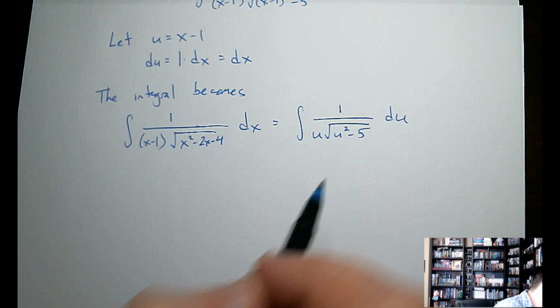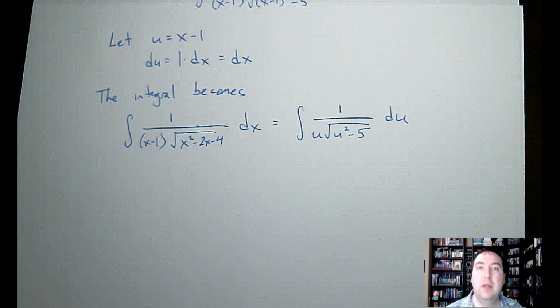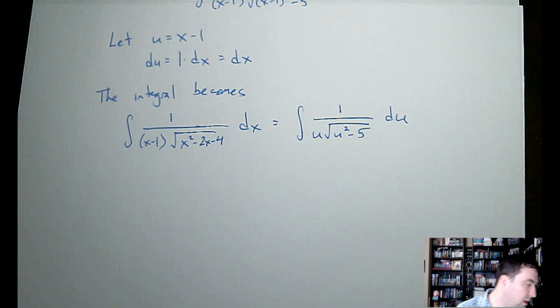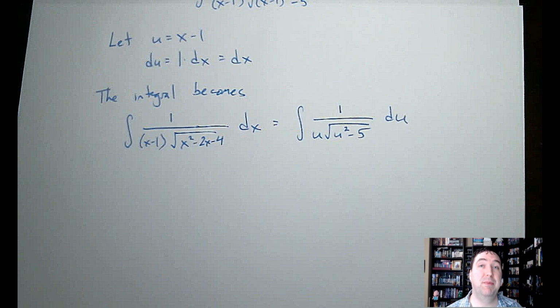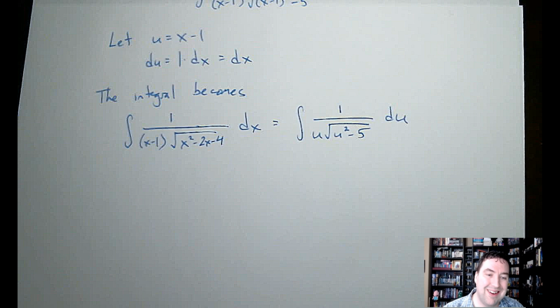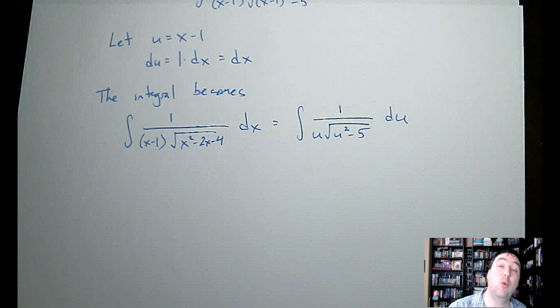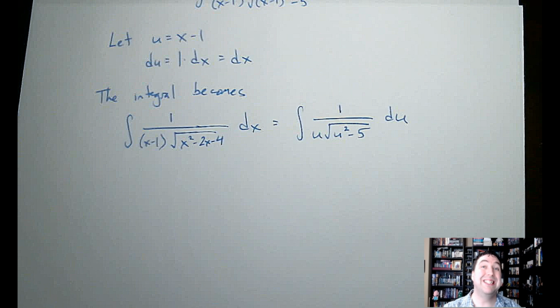But we do have to be careful about that constant, because especially when we don't get a perfect square there, it's very easy to think, oh, well, the constant, the k in this case is 5. But no, remember, 5 in this case is k squared. So yes, this is an arcsecant type integral, but it's an arcsecant type integral where k squared is 5, which means k is the square root of 5.